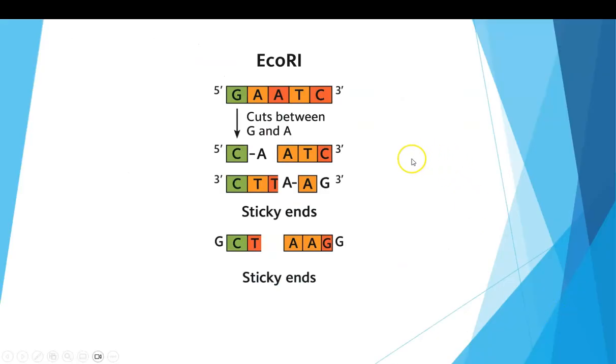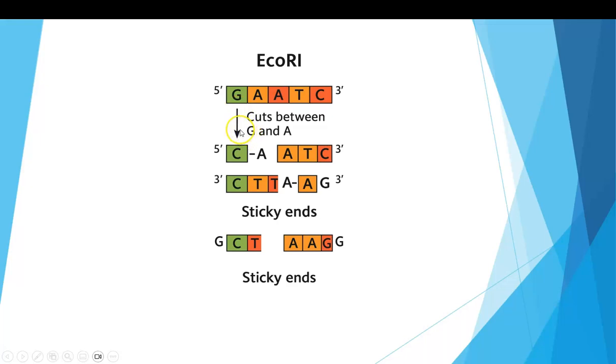So this is a nice example for you. Imagine EcoR1. This is one of the restriction enzymes that is very common to use. It can identify a certain sequence, and then it can cut between guanine and adenine.